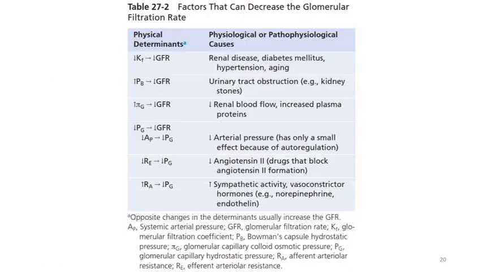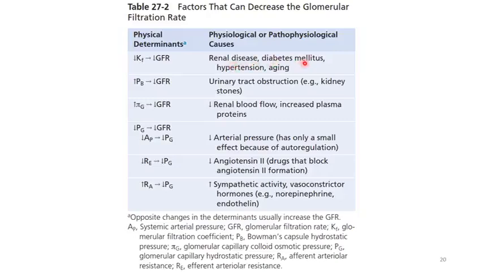This table provides a good review of factors that affect GFR. For example, here the factors that decrease GFR are presented. The first factor is the reduction of filtration coefficient due to renal disease, diabetes mellitus, hypertension, and aging. These factors affect the properties of filtration barrier, and by reducing permeability or increasing the thickness can decrease GFR.